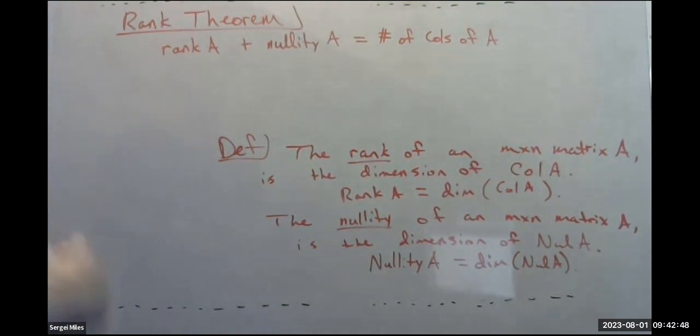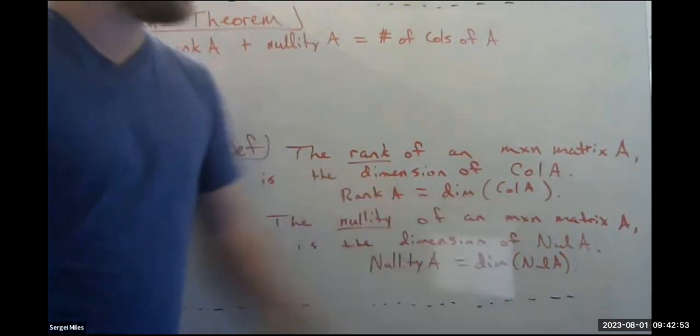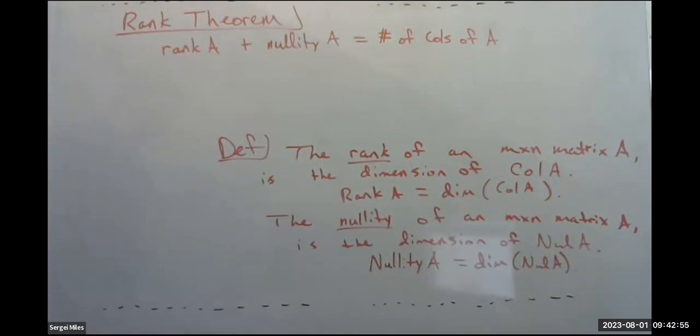Why? Well, think about how we find the rank of A. The rank of A is the dimension of the column space. In other words, it's the number of vectors in the basis for the column space. Well, think back. How did we find that? We found that based on how many columns were linearly independent. Remember back in 4.3, or maybe it was 4.2, when we're finding the basis for a column space, we check which columns are linearly independent, and we take those columns.